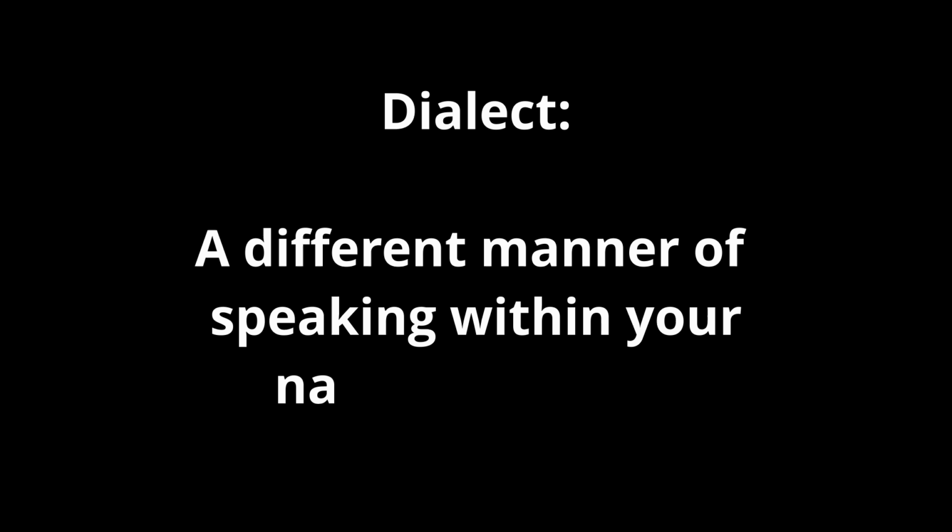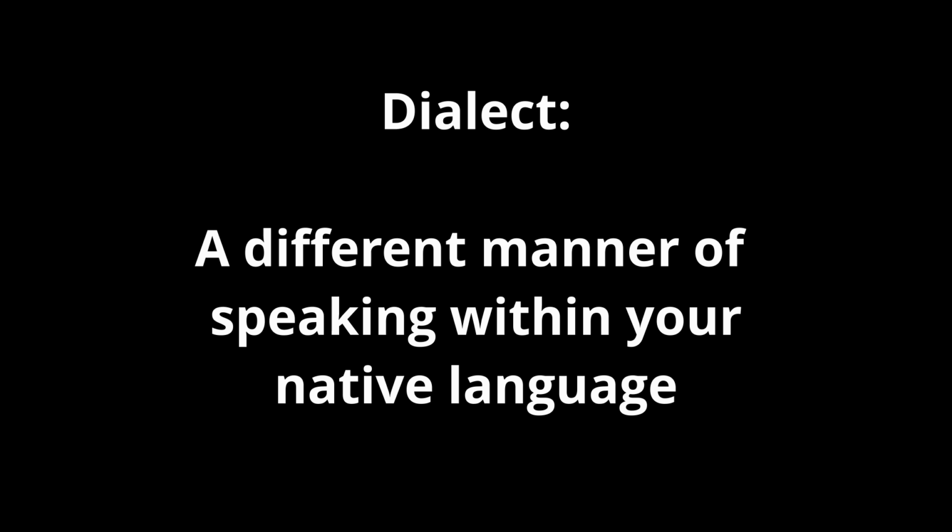It's pretty simple. A dialect is any time you are speaking differently within your own native language. So for instance, I'm an English speaker, that's my native language, so I might have an American dialect if a British person is listening to me.